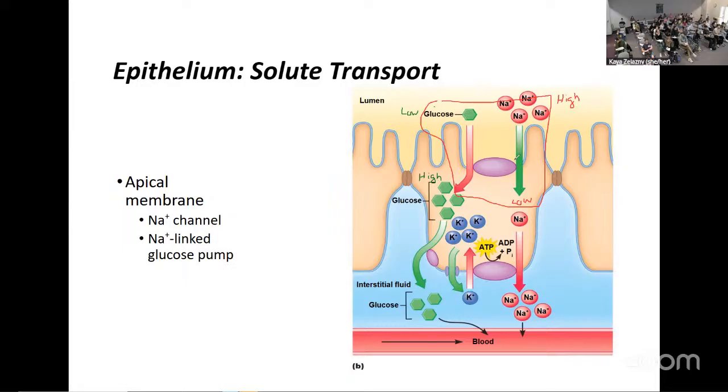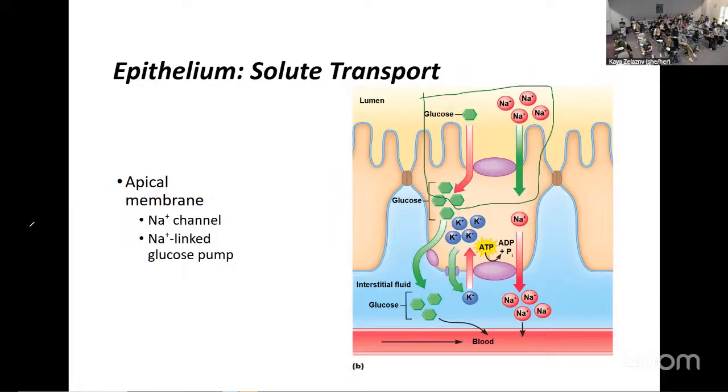That's why we need to use that sodium gradient to carry glucose along with it across our apical membrane. This is an example of secondary active transport. Right? So secondary active transport is when we use the concentration gradient for the movement of one molecule in a favorable direction to move another molecule in a less favorable or unfavorable direction.